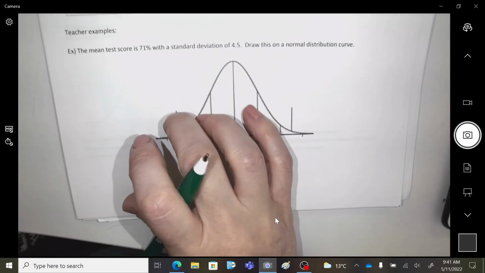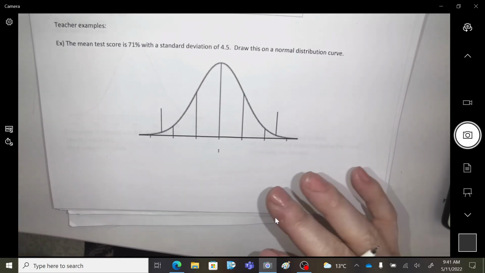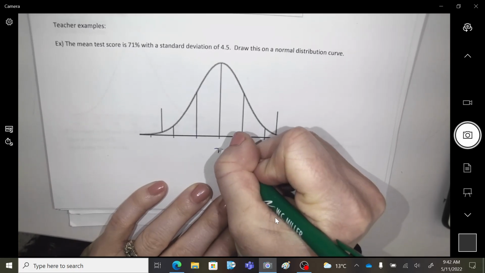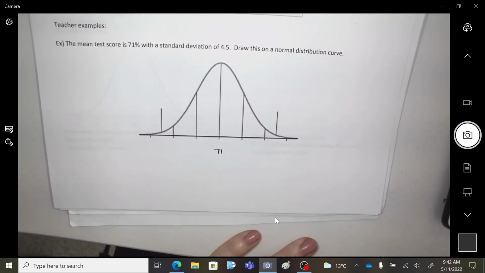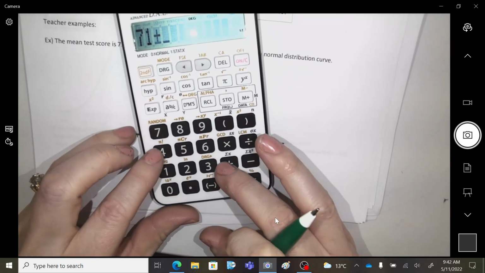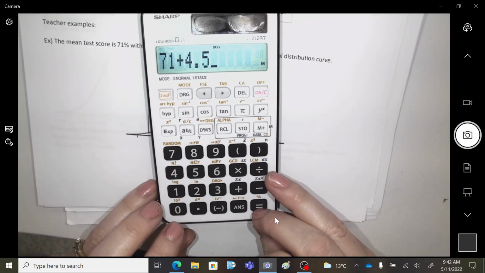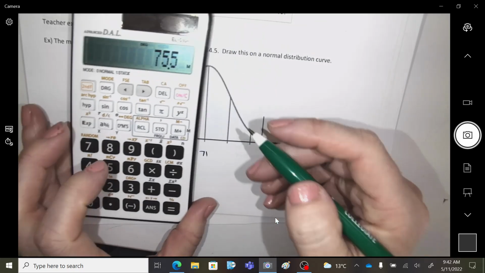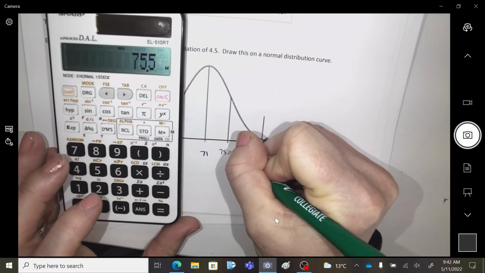Okay, so let's look at this. We had a test score of 71 average, so I'm going to put 71 in the middle. The standard deviation was 4.5. So here I go. I'm going to add 4.5, so 75.5.